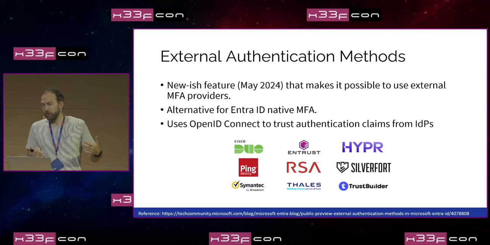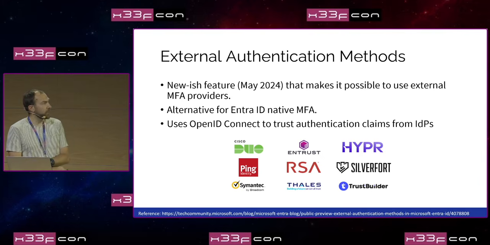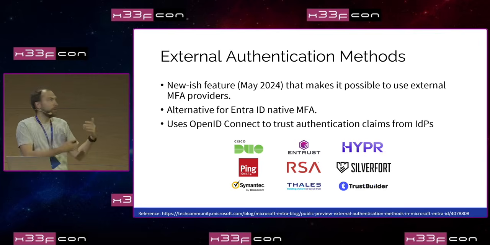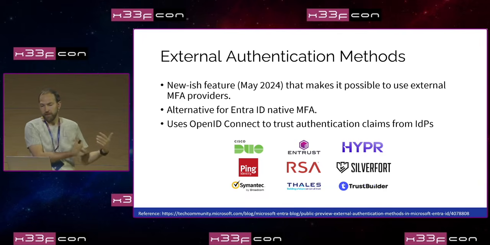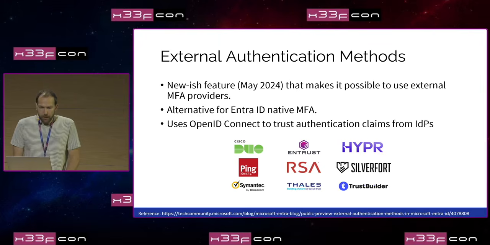So if you want to use like one of these providers for your multi-factor instead of the Azure built-in methods, then you can use that with external authentication methods. And basically this uses the OpenID Connect protocol to kind of trust those parties as an identity provider for issuing like MFA claims. So not everyone has this, of course, but it is available in every tenant for configuration.